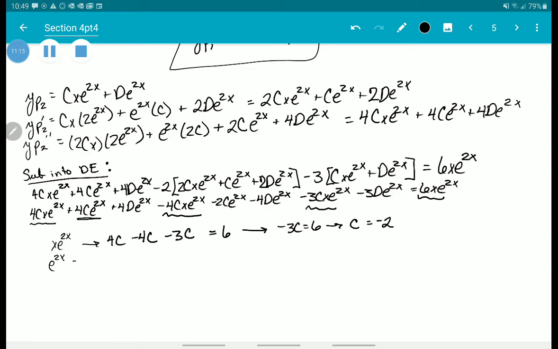And then I have e to the 2x terms. Let's try that again. We have 4c plus 4d minus 2c minus 4d minus 3d is equal to 0 because we don't have an e to the x or e to the 2x on the right hand side.